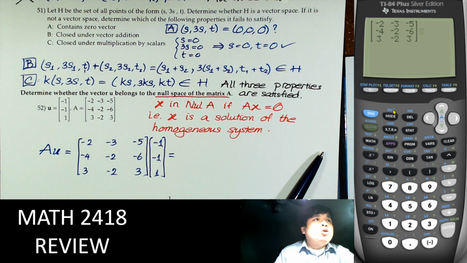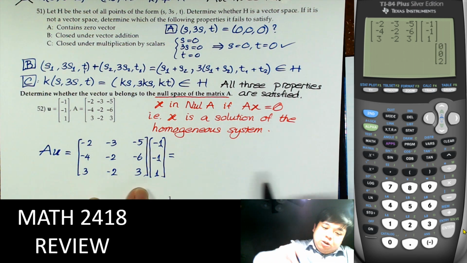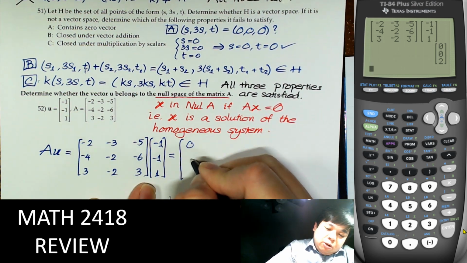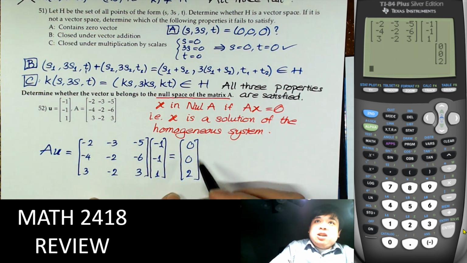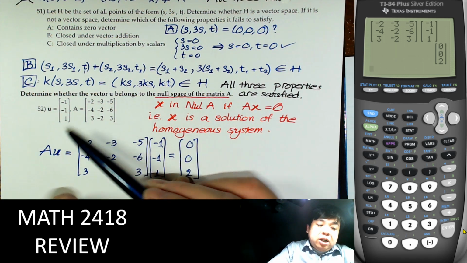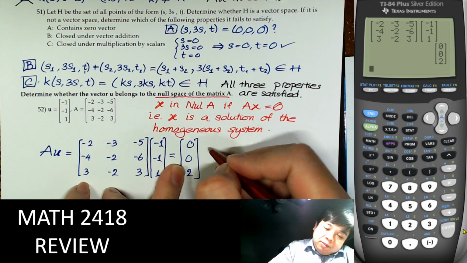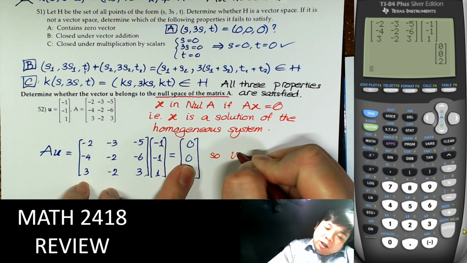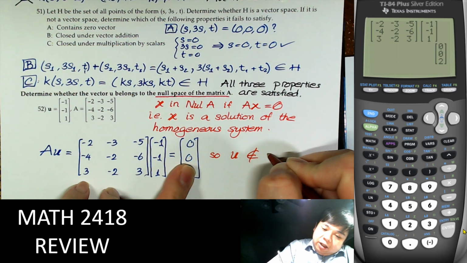Multiply by the vector, 3 rows, 1 column: -1, -1, and 1. Right, so when we multiply we have 0, 0, and 2. Now this is not 0, so meaning this is not a solution to the homogeneous system. So we say the vector U is not in the null space of A.